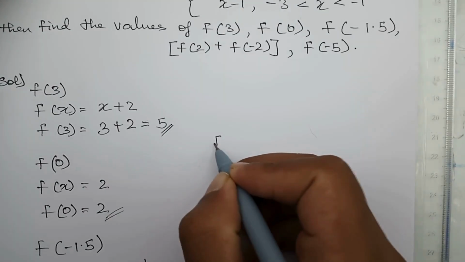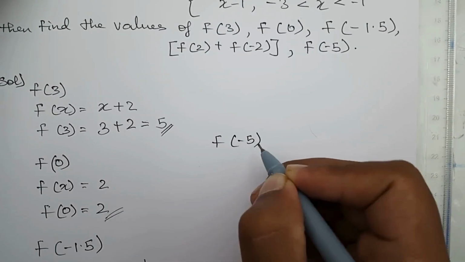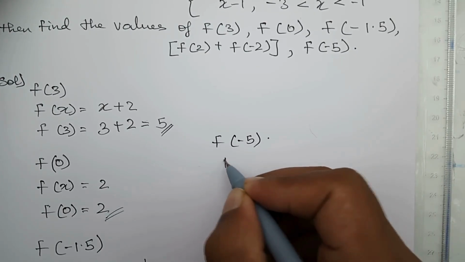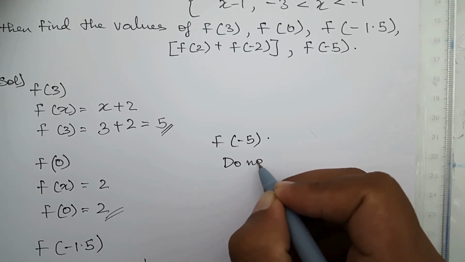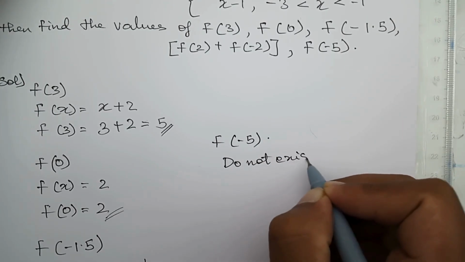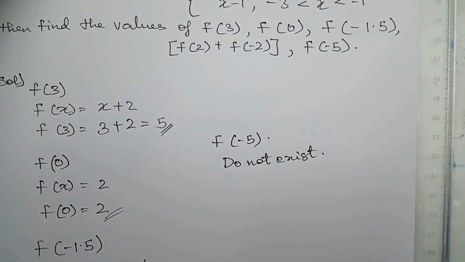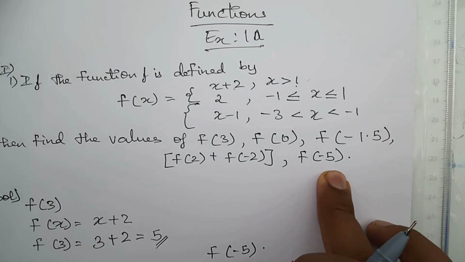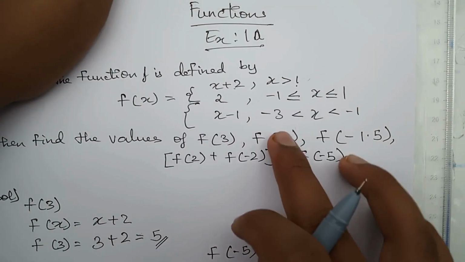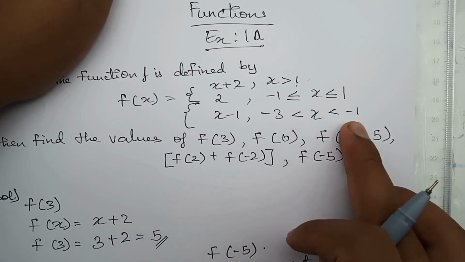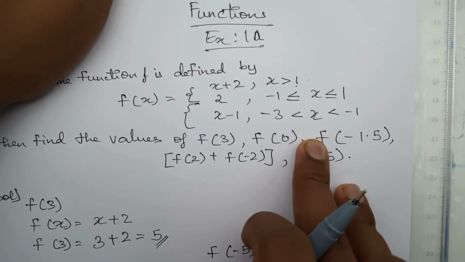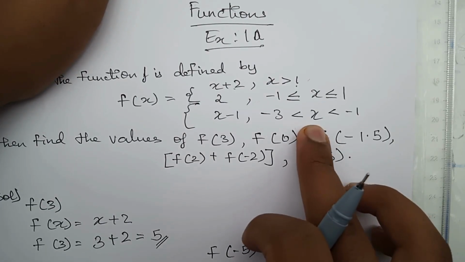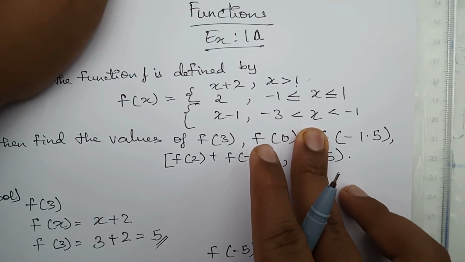We'll do f of minus 5. This one does not exist. Does not exist, because in the given conditions here, we do not have the condition that minus 1 is greater than x and x is greater than minus 3.